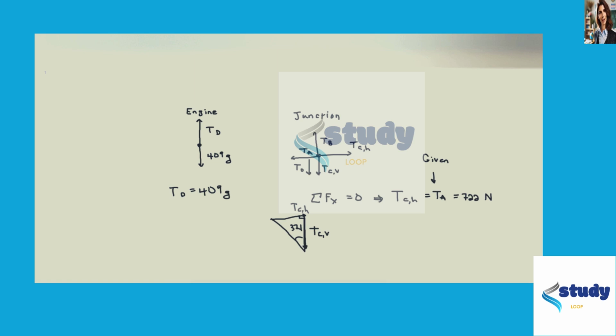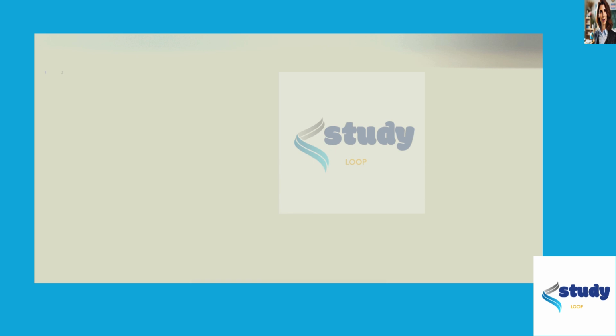We just calculate what this is. It's 722. And so tangent of 37.1 is equal to 722 over the tension in rope C in the vertical direction. We can solve this for the tension in rope C in the vertical direction.